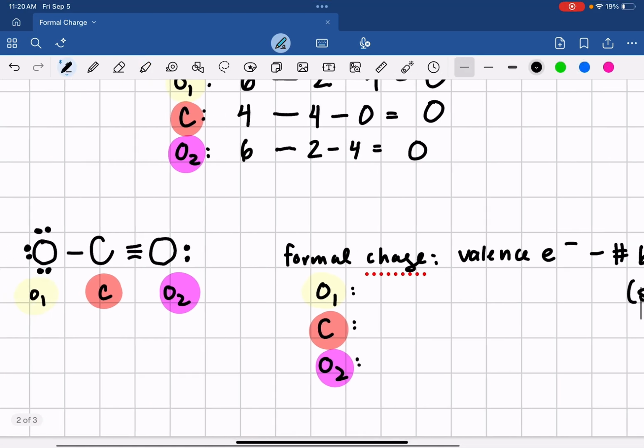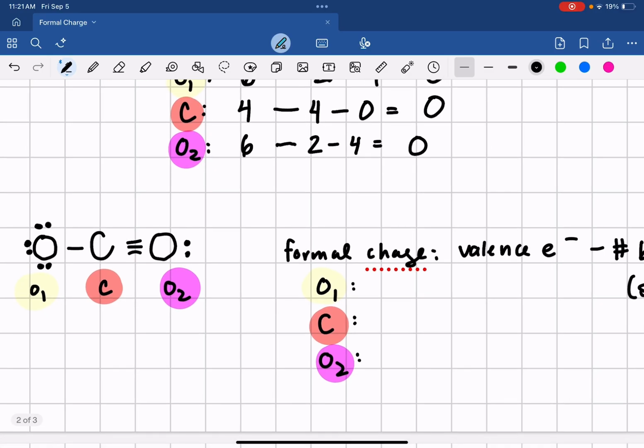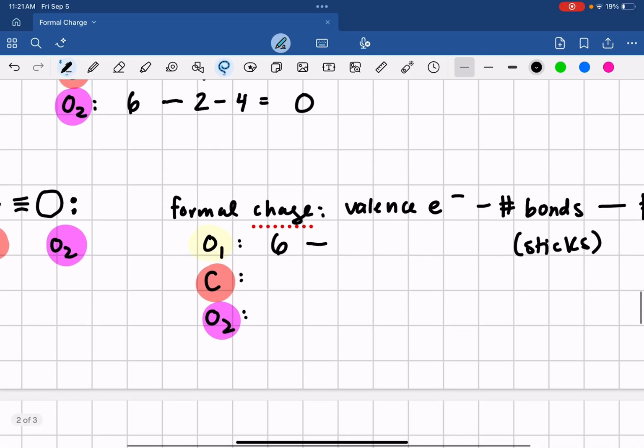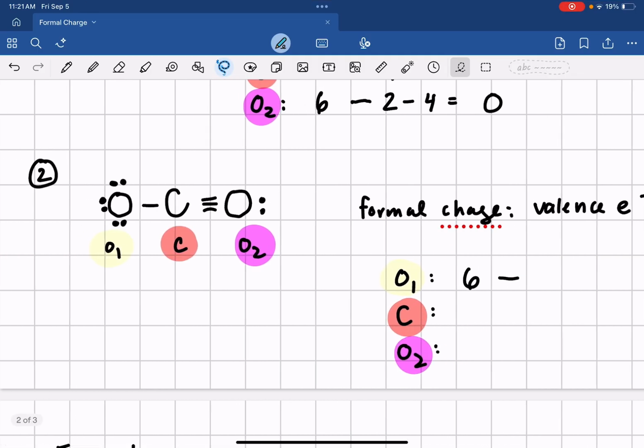So previously I stated that oxygen 1 has only 6 valence electrons minus how many bonds does oxygen 1 have? Let's calculate how many sticks it has. 1 stick. So I'm going to write down 1 stick.